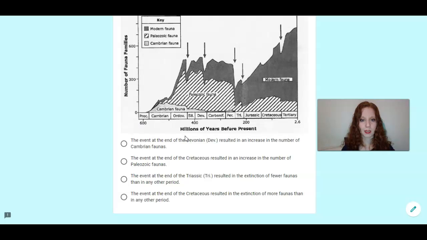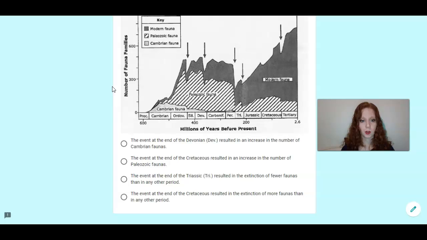Because if you look back here with your label of millions of years before present, you've got Precambrian and Cambrian, so these are your older ones. Then it goes on up to modern times, and then we've got our number of fauna families.